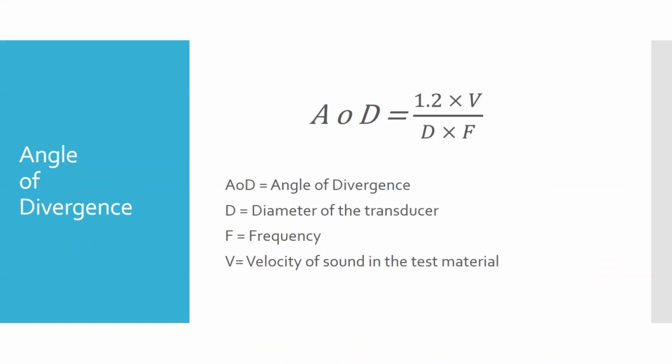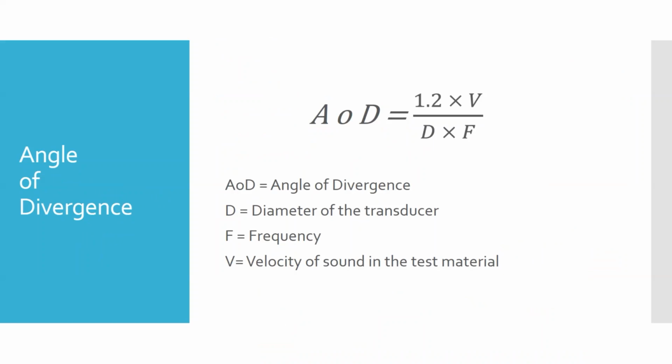So say we use a 0.5 centimeter probe. Now this is meters per second, so we got to change that to meters. This is why it's easier to do it this way than trying to convert inches and all that. So that's 0.005 meters. What's our angle of divergence?